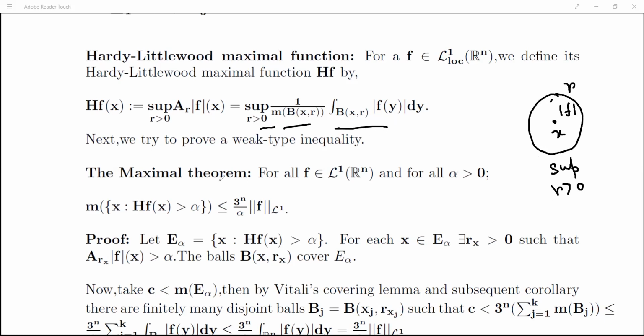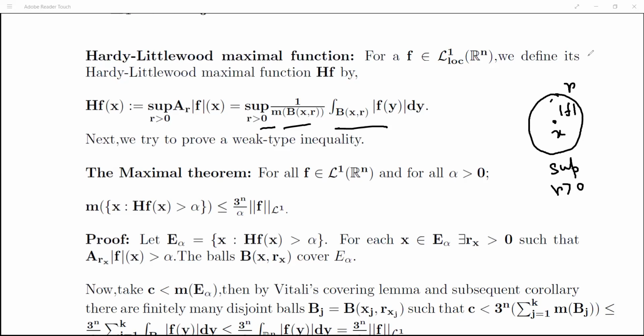So your f is given. At a given point x, your Hf(x) is defined as the supremum of the average value of |f| over all positive r. So that is the main thing. You look at the average value of |f| around a ball, and then you want to see how far you can enlarge this average value by varying the radius.